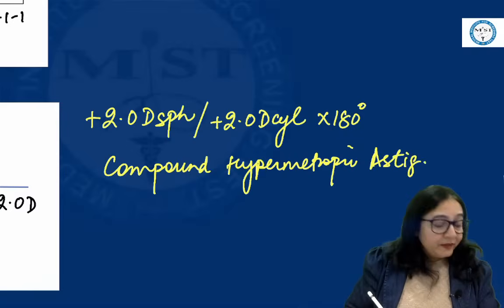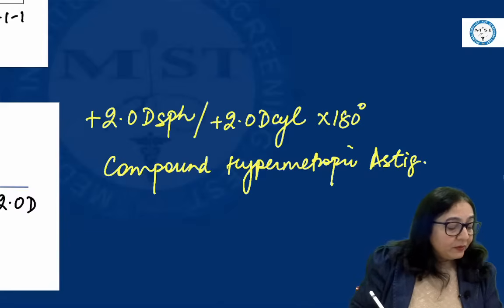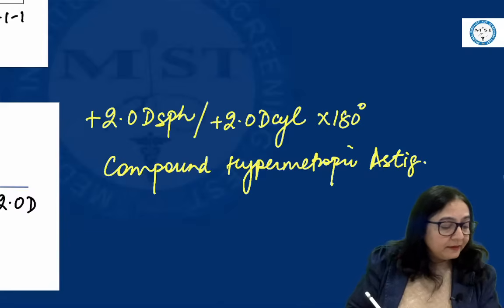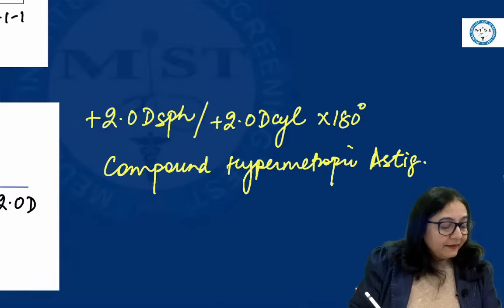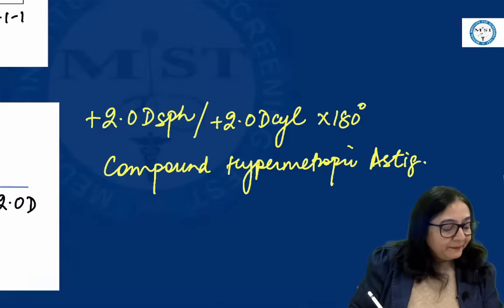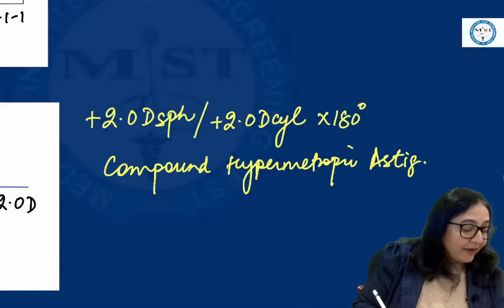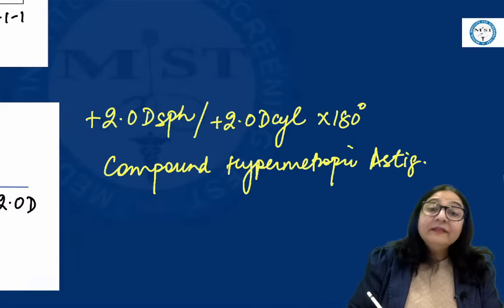And whether it is with the rule or against the rule. Whether it is with the rule or against the rule. Why is it with the rule? Yes, Dr. Ayush, you are right. This is against the rule.